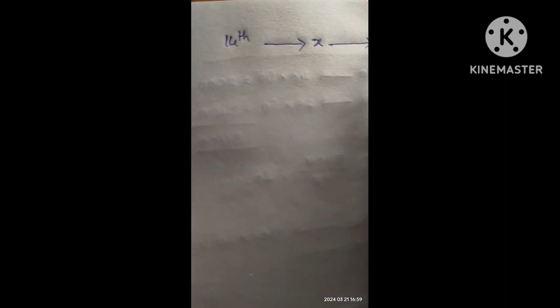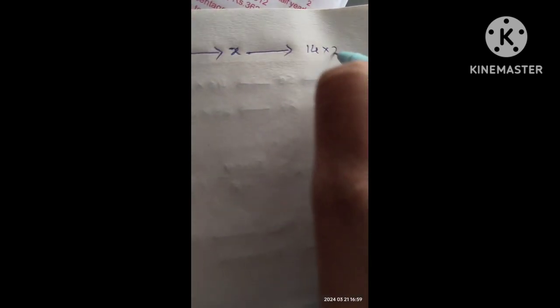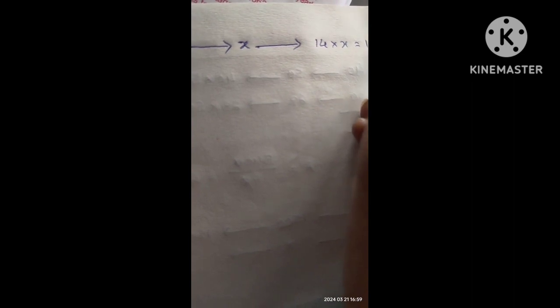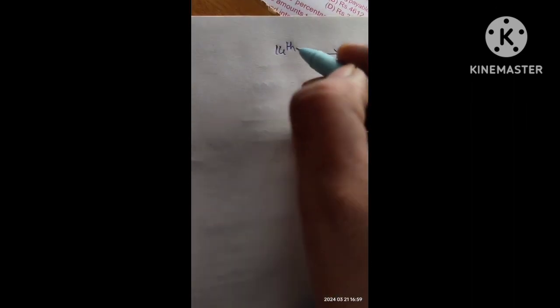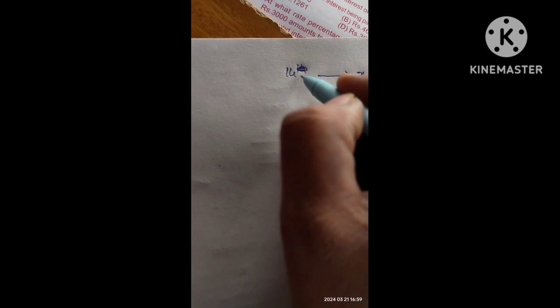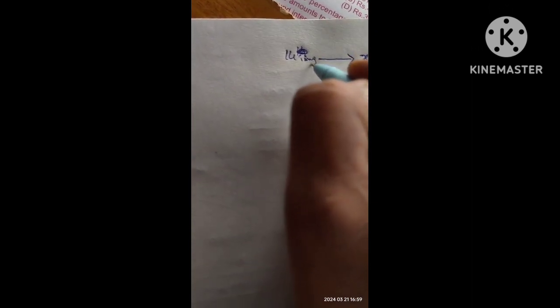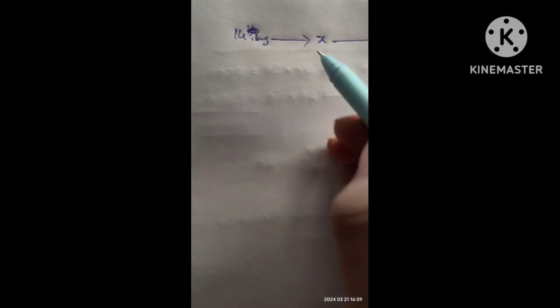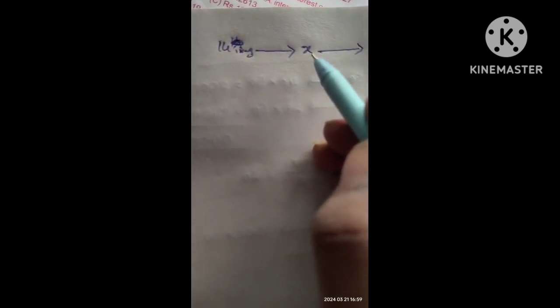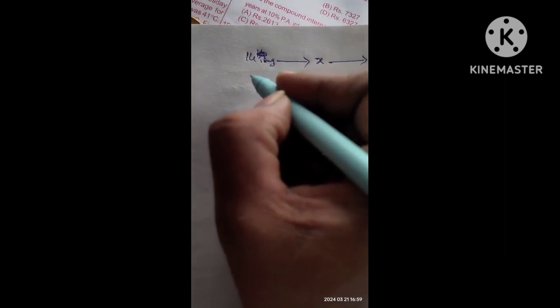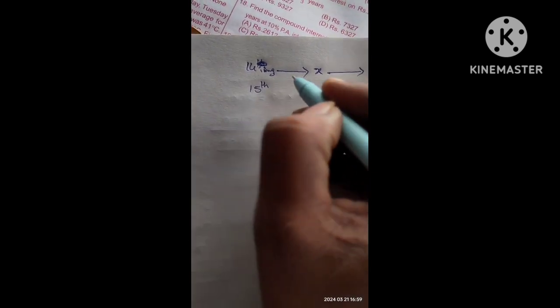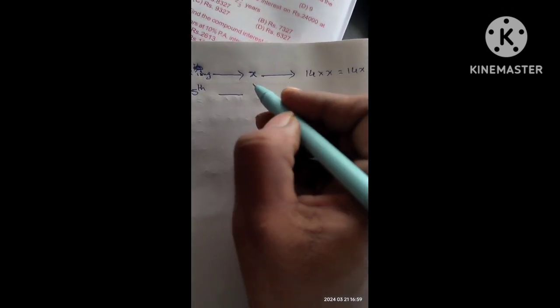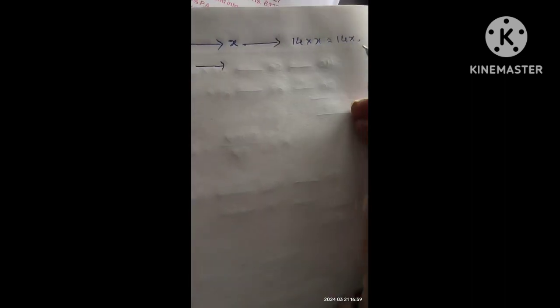The number of innings is 14 and the average is x, so 14x. We are taking all the 14 innings' scores and finding the average, which is x. So it is 14x. Now he said in the 15th inning, he made some runs. It is 80 runs.